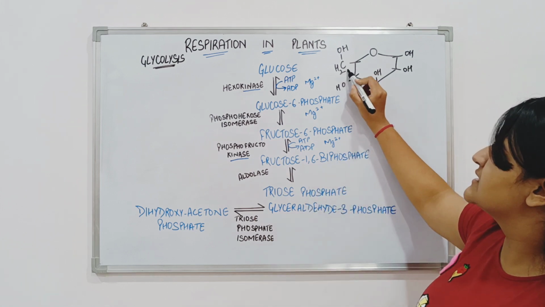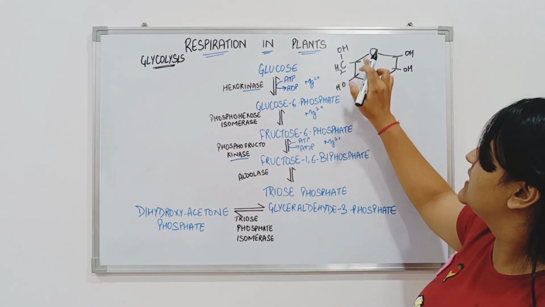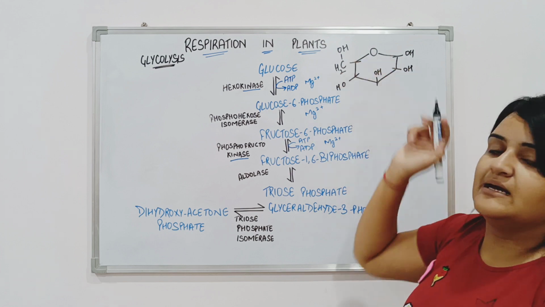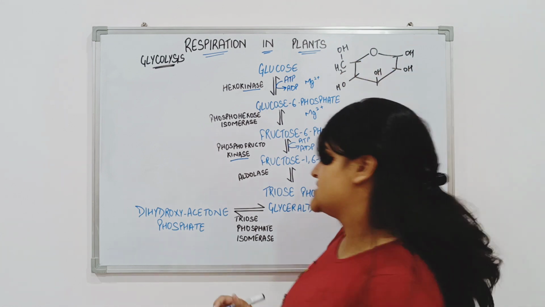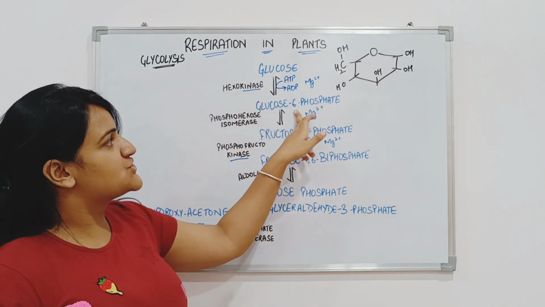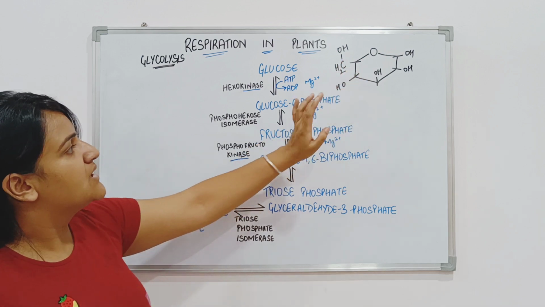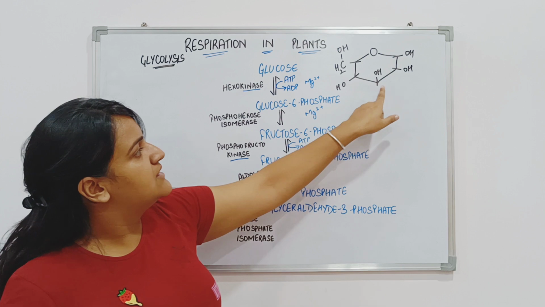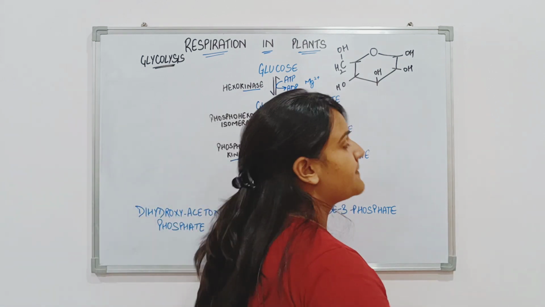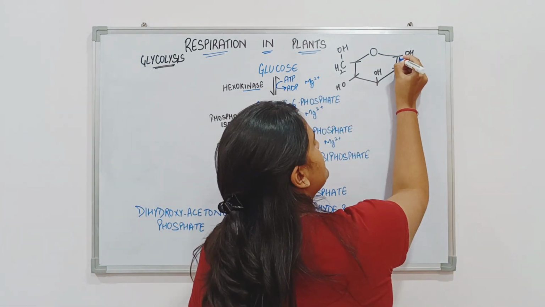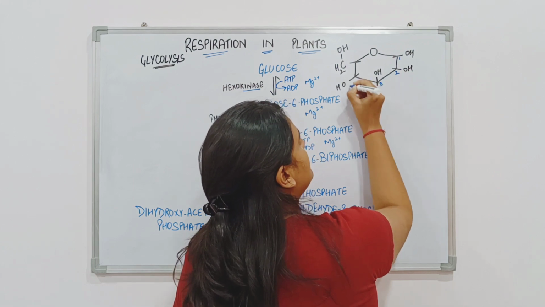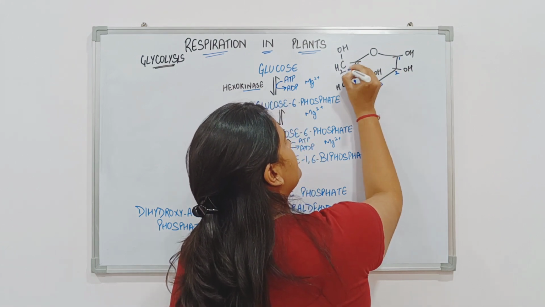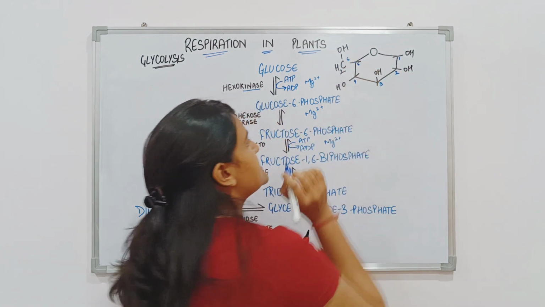One carbon has CH2OH. Okay. Now this is the only place where our phosphate group is going to attach. This sixth position. This is the sixth position. You can count. O is here. This is the first, second, third, fourth, fifth, and this is the sixth carbon.